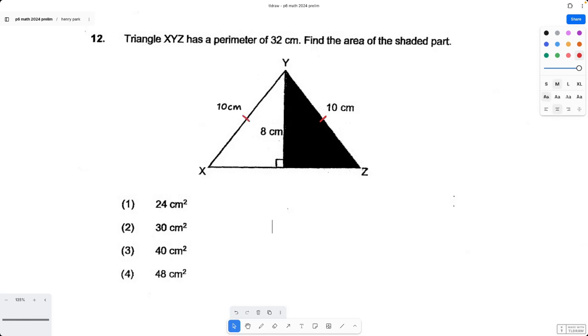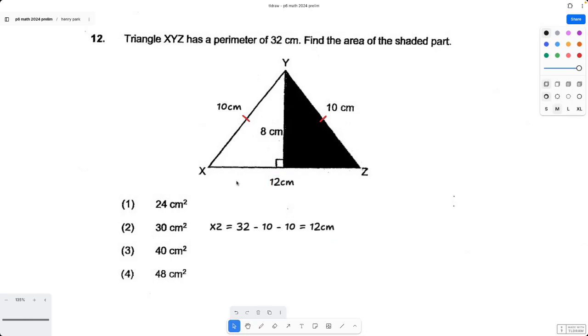So XZ is equal to the perimeter, 32 minus 10 minus 10, which will give you 12 centimeters. So XZ is 12 centimeters.